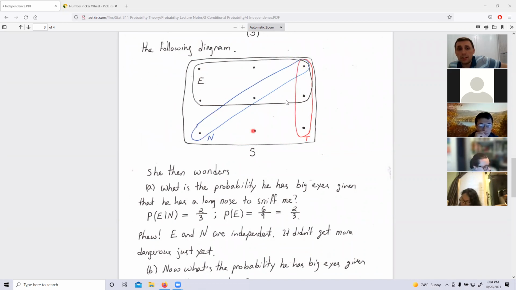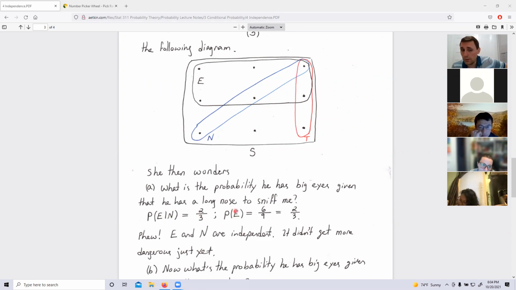If N happened, then E contains 2 of the elements. So the probability of E given N is 2 out of 3. N is the new sample space. We have 2 outcomes that are in E, so it's 2 out of 3. That's the probability of E given N.